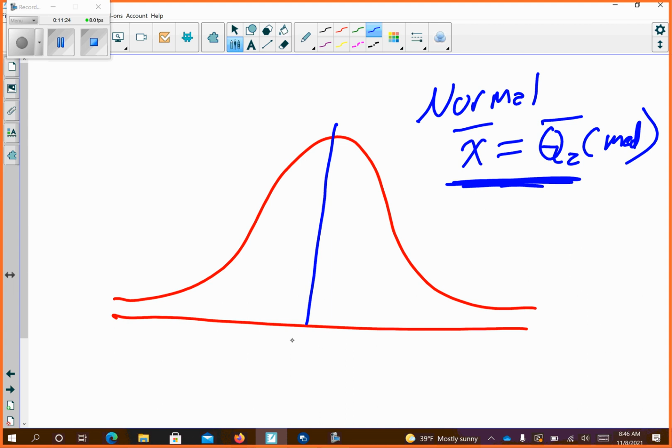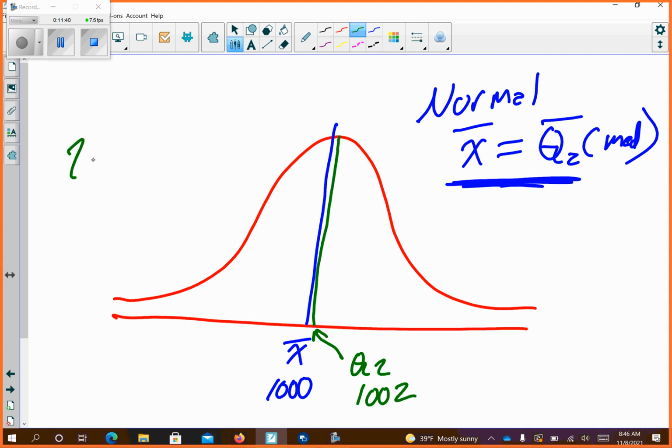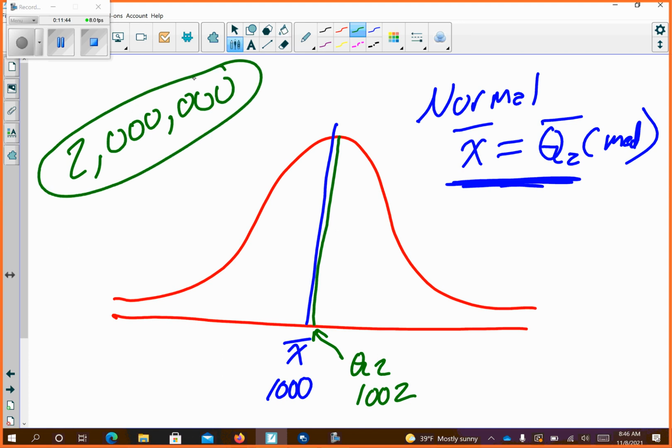So if we said, hey, we had a mean here that was 1,000, and then we had a median, we'll call it Q2, of 1,002, and let's say we have 200 million pieces of data, yeah, that's pretty normally distributed. These numbers are not that far off. It's when this number gets really obscure, becomes a larger percent away, is what we have to look for.